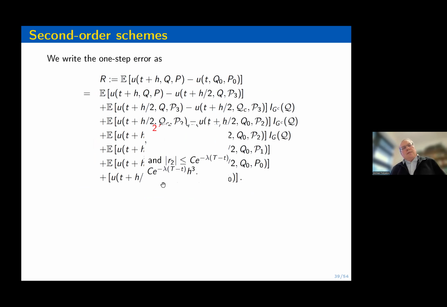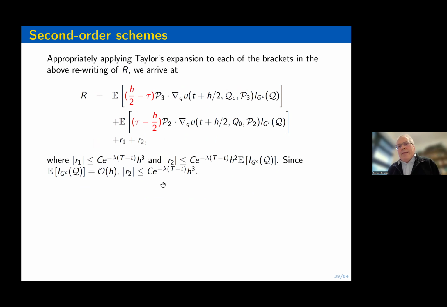If you do this accurate Taylor expansion of the local one-step error, and we track everything, then eventually we arrive at the following expression. R1 and R2 can be ignored, they're already sufficiently small. But you see here these red brackets: if tau is exactly h/2, those terms are killed. So essentially, if my collision is symmetric, I'm getting an order.